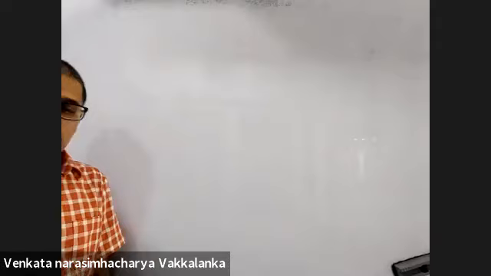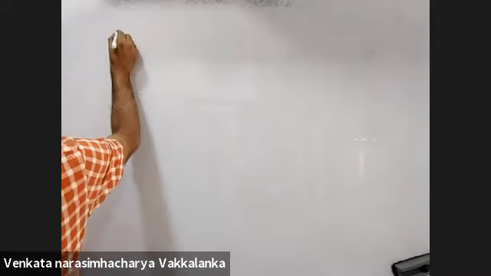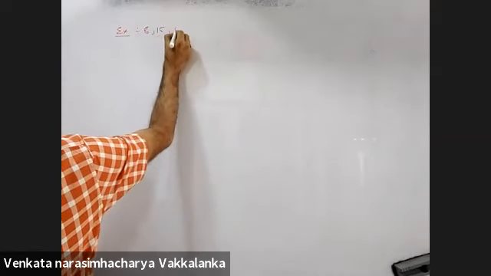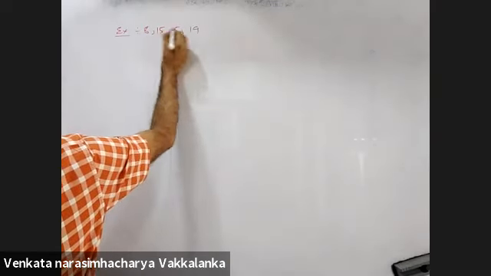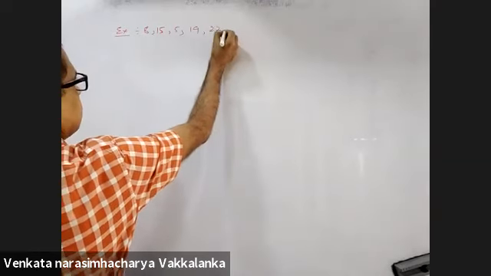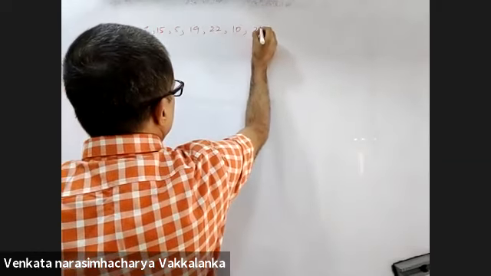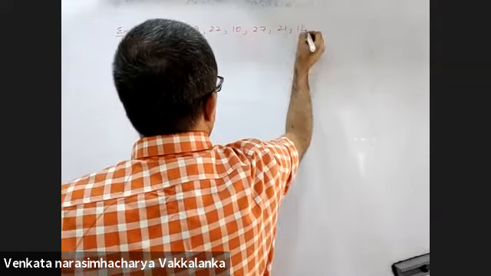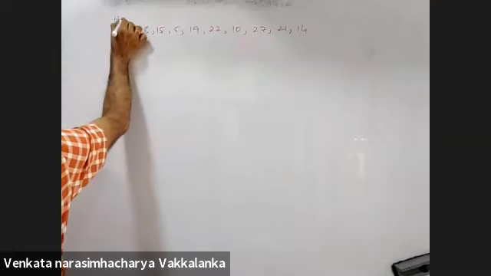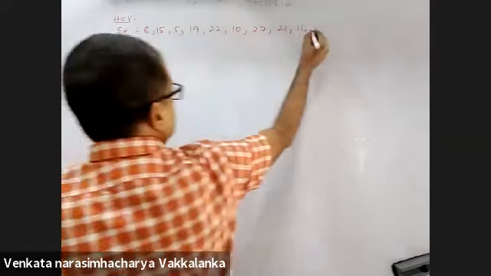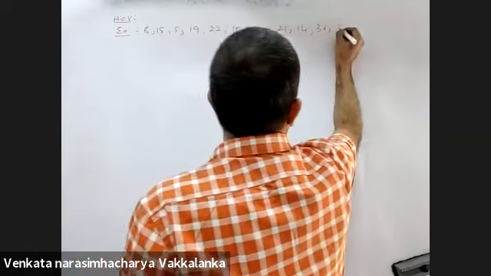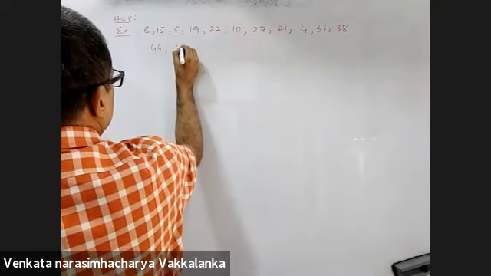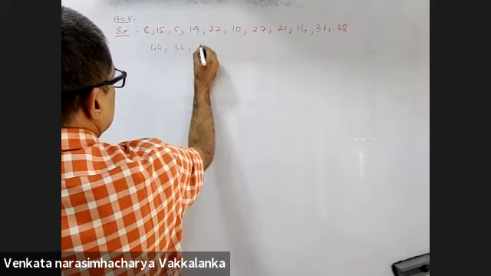Hello. 8, 15. 5, So 19, 22, 10th one, 27. 14. 36, 38, 44, 38. 31, 34. 52.